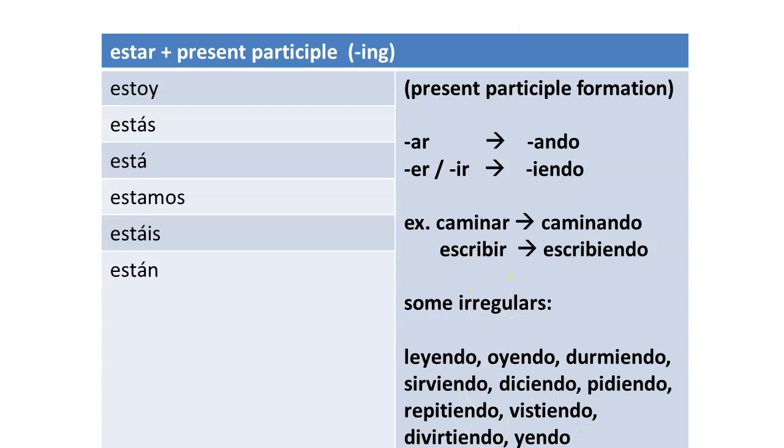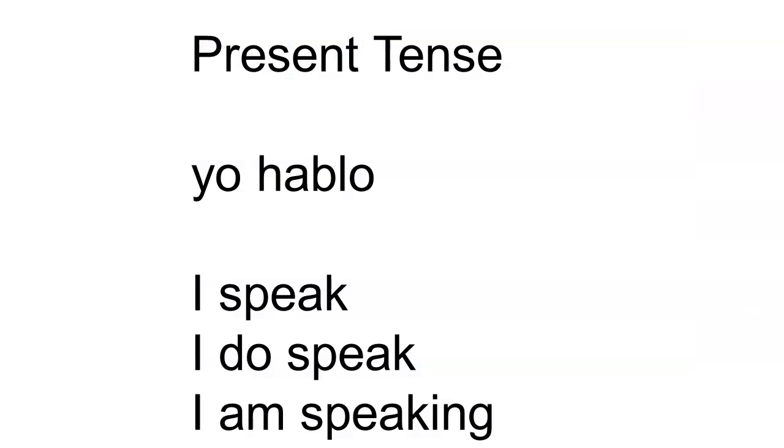Okay, so just remember the way that you construct the present progressive. We have estar plus the present participle, so you already know this. Be sure you've memorized estar, and be sure you learn how to form present participles, and that's pretty much it. Now, there's only one thing that I want to point out.